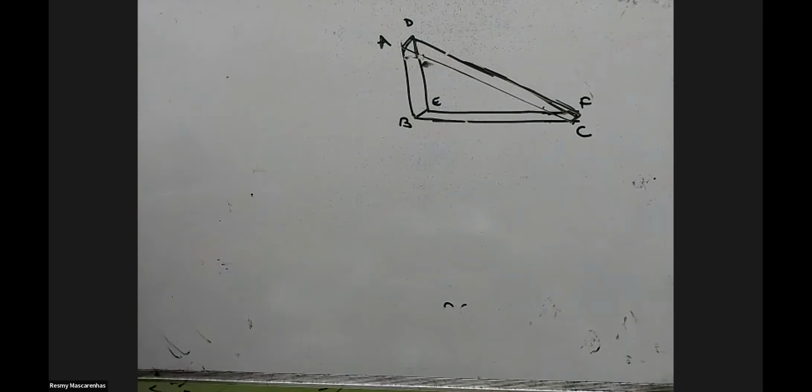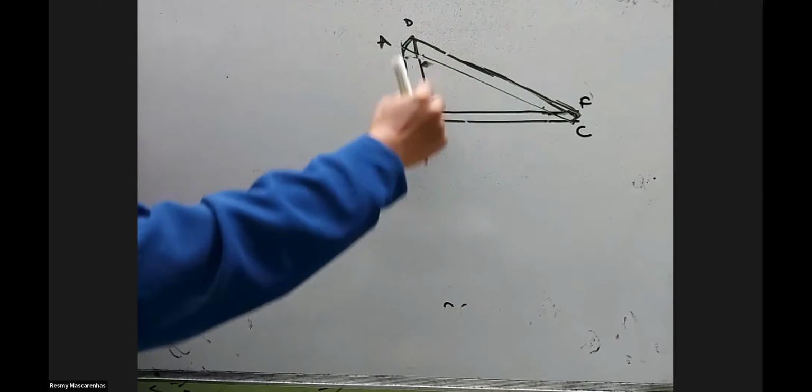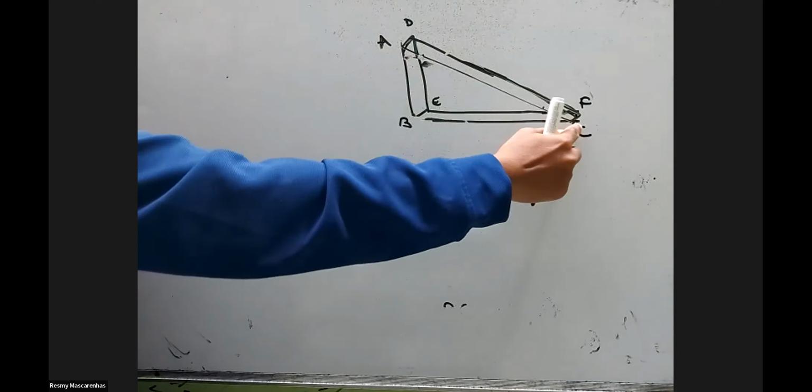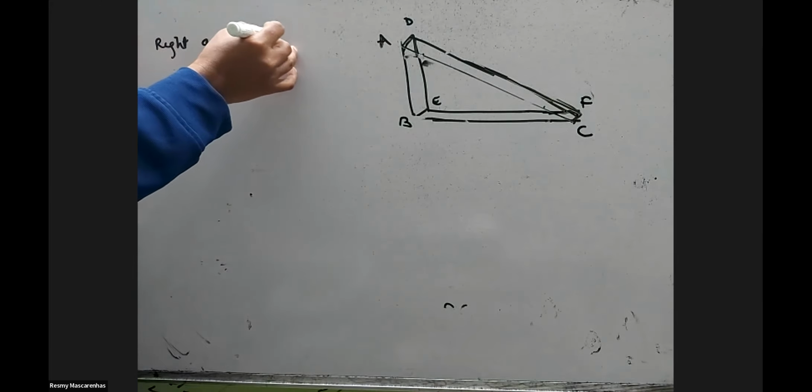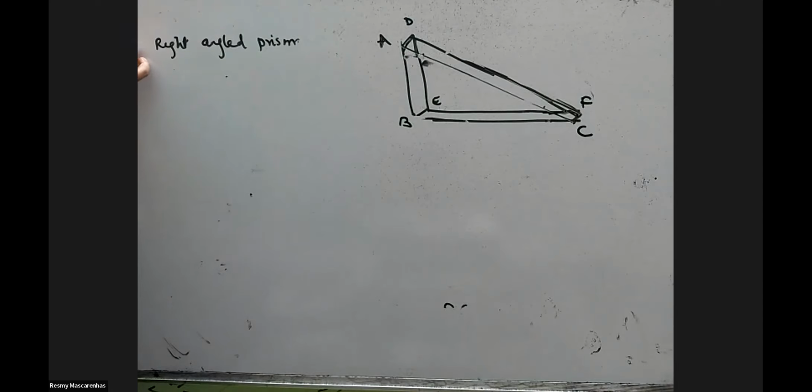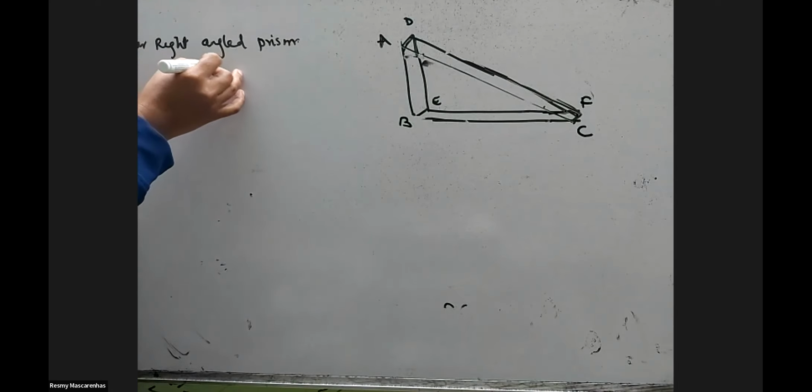So consider a small element at A, B, C, D, E, F. This is like the first outer triangle and the inner triangle. So this is called a right angled prism. Consider right angled prism A, B, C, D, E, F.